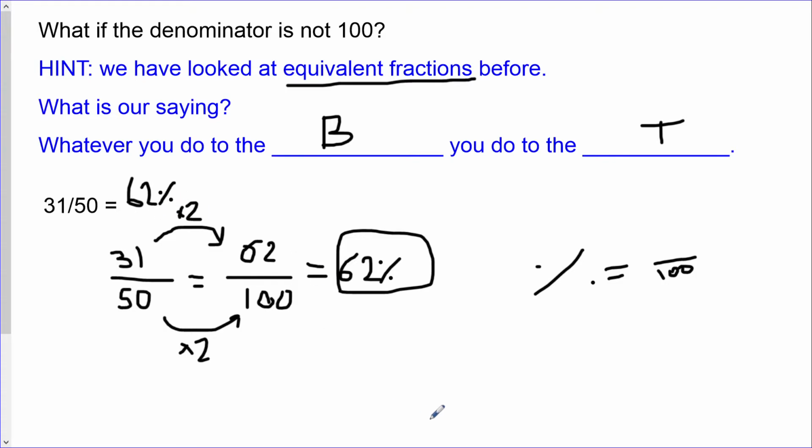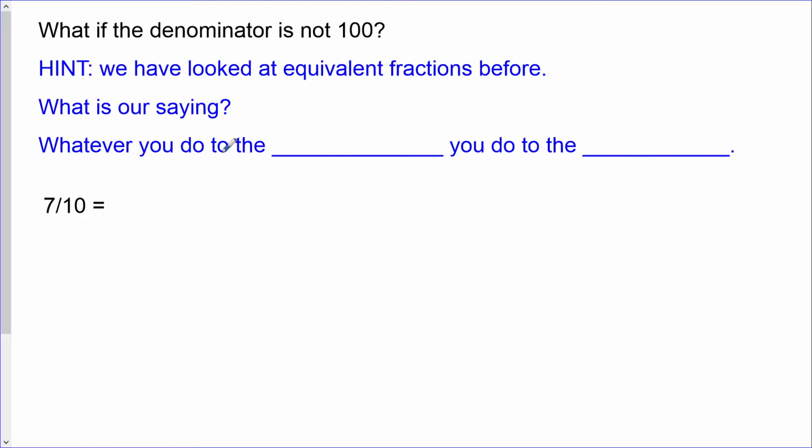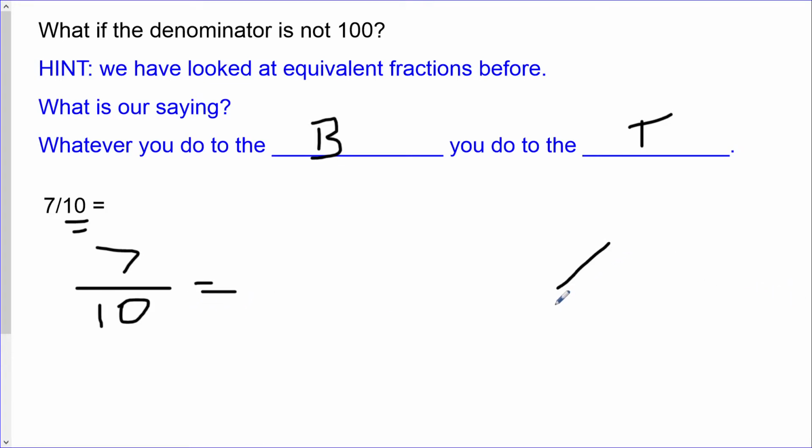Let's have a look at another one. Again, we need to remember our saying here, because our denominator is not 100 this time, so it's got an extra step in. This time it is 10. We remember our saying, whatever we do to the bottom, we do to the top. So 7/10, remember, percent is the same as out of 100, so we're looking to get a denominator of 100 to make our question easier.